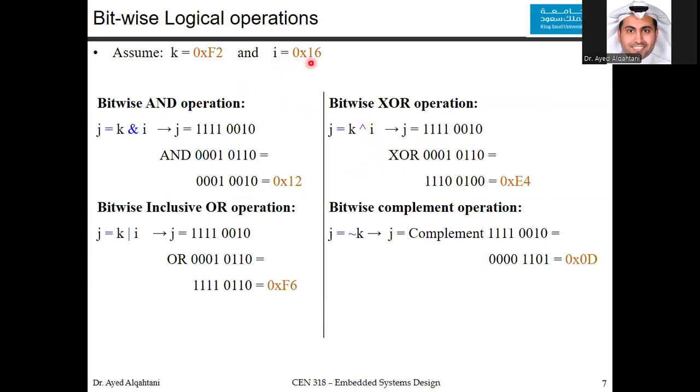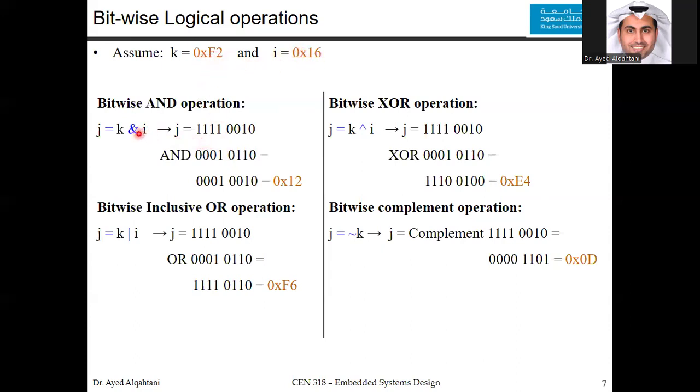Assuming you have these 2 values, K is 0x2f and I is 0x61. If you do the bitwise AND operation, we simply rewrite the hexadecimal representation into binary.